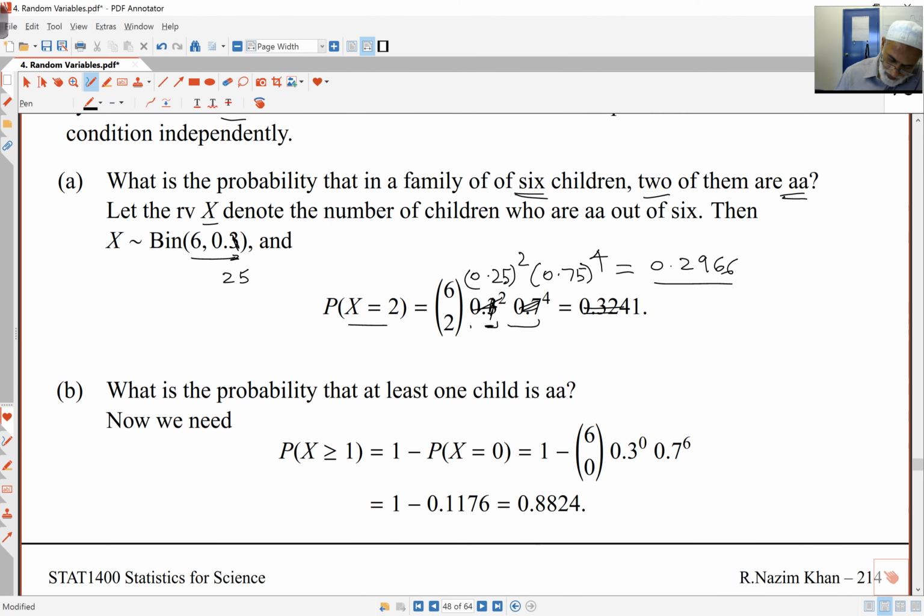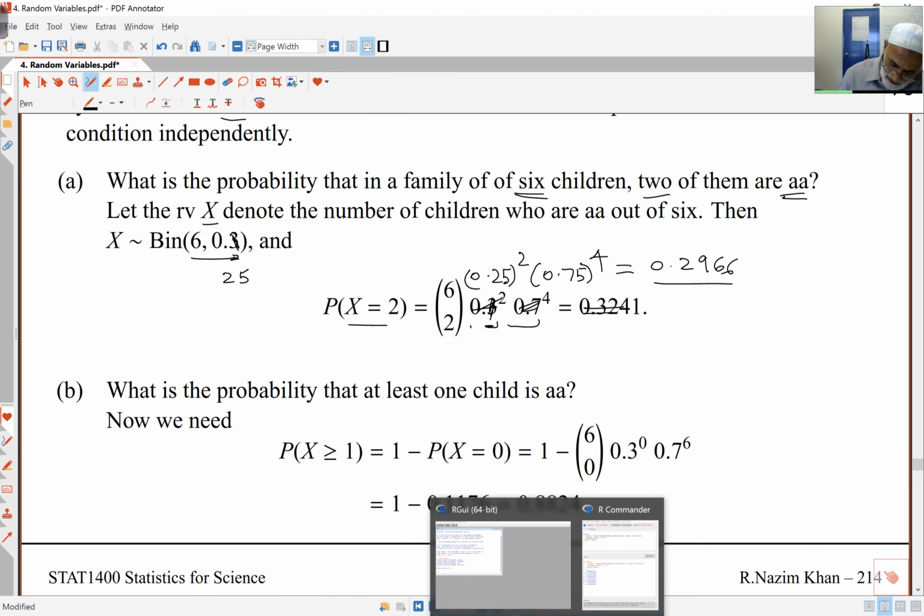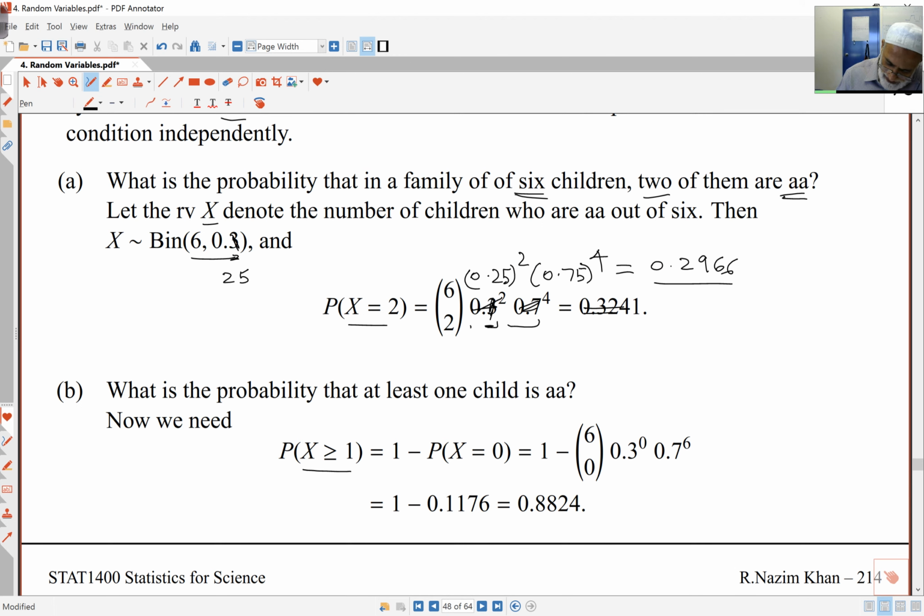So, at least one child is AA. So that means probability of X bigger than or equal to 1. Now, the easier way to work it out is to look at the complement. Either at least one child is AA or none are AA. So I can take off from 1 the probability that none are AA. So that's 1 minus 6 choose 0, 0.25 to the 0 and 0.75 to the 6.